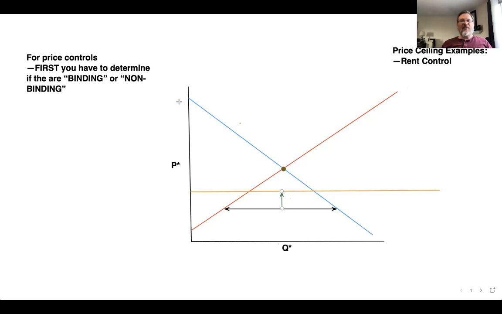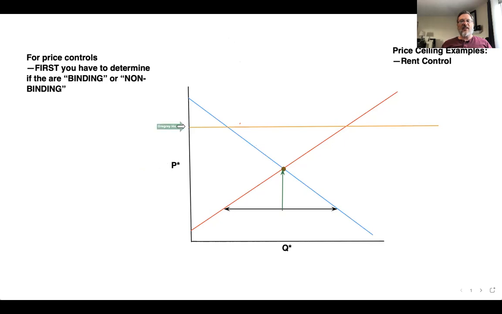But if for whatever reason, the government set the price ceiling above the equilibrium price, there would be no excess demand, and so there's no tendency for price to rise any higher than the equilibrium price. So it would still stop here, right? When you have a price ceiling above the equilibrium price, the prevailing price ends up being the equilibrium price.